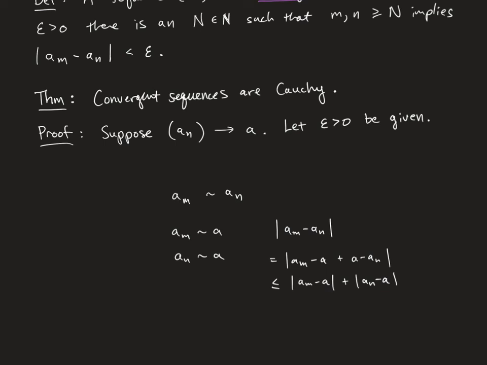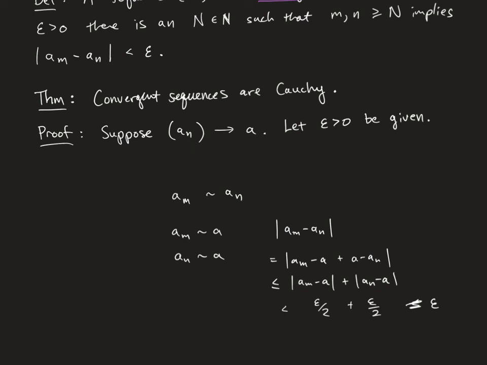Ultimately, I want the whole thing to be less than epsilon, so as long as I can make each of these less than epsilon over 2, the sum will be equal to epsilon, and the whole thing will be less than epsilon. So I just need to make this less than epsilon over 2 and this less than epsilon over 2.